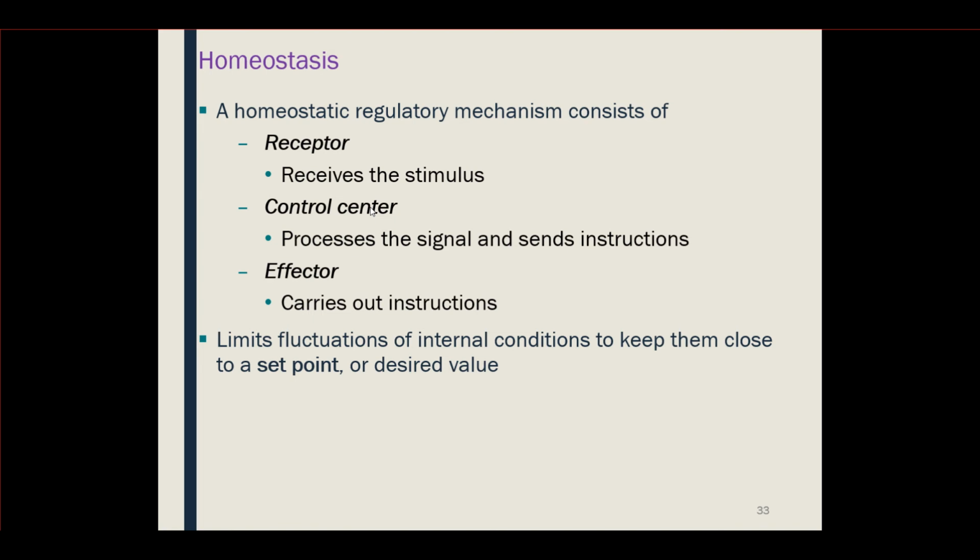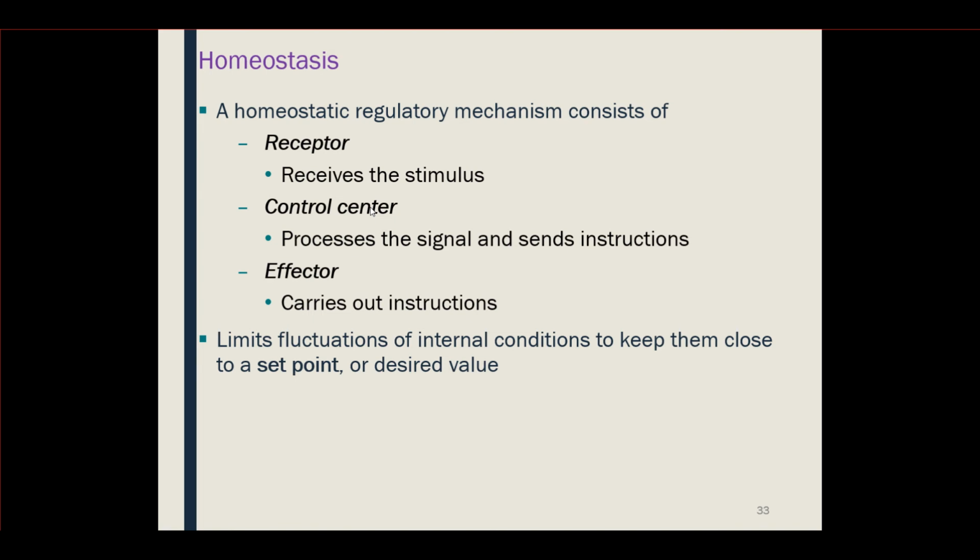The receptors are in your skin. So the receptor fires in response to your body getting warm, and it sends a signal to your brain. The brain is going to be the control center. And the brain says, hey, it is starting to get hot in the body. We're now at 99 degrees, going up to 100 degrees body temperature.